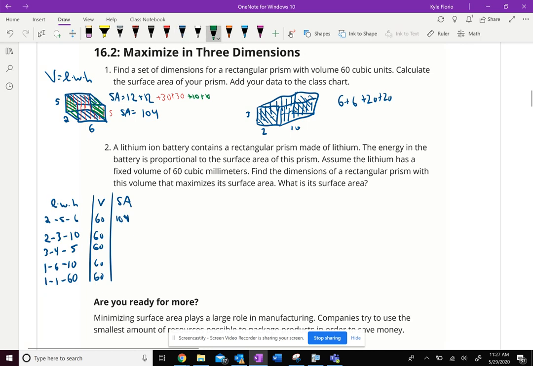The top here is 2 by 10, which is 20. So the top and bottom are both going to be 20. And then the side walls that I said were 20 are not actually 20. This is 3 by 10, right? 3 by 10 right here.